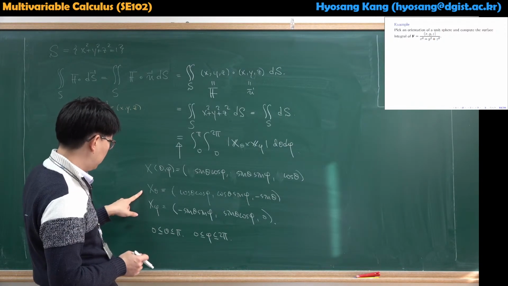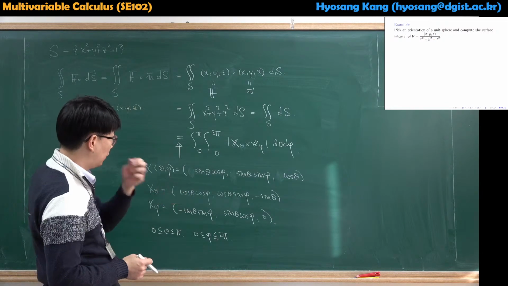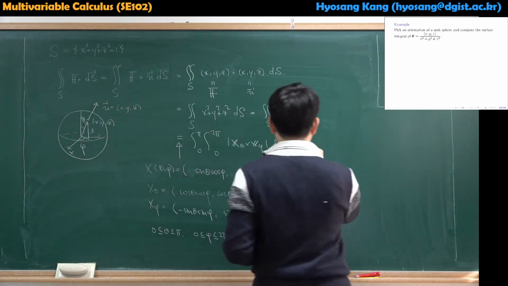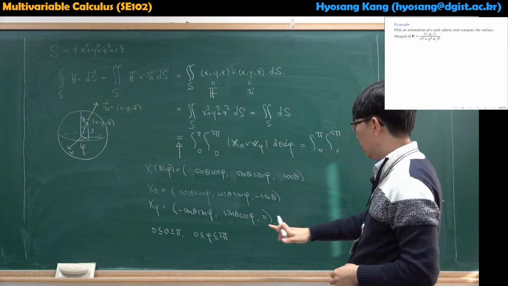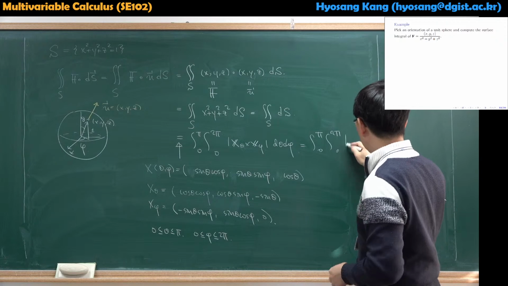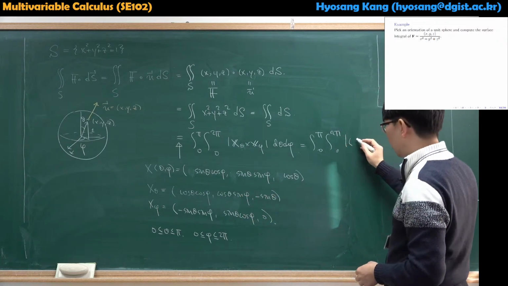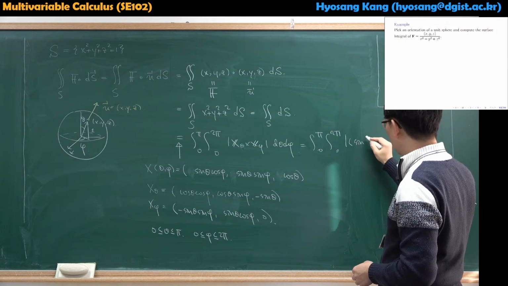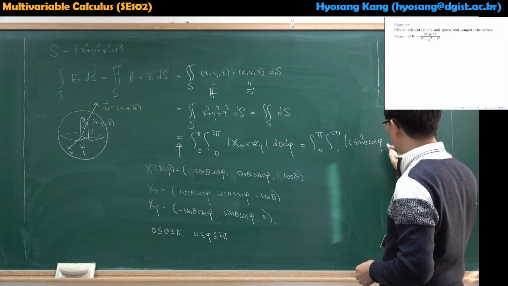So in this order, theta and phi, from 0 to pi and 0 to 2 pi. The first factor is sine square theta cosine phi.